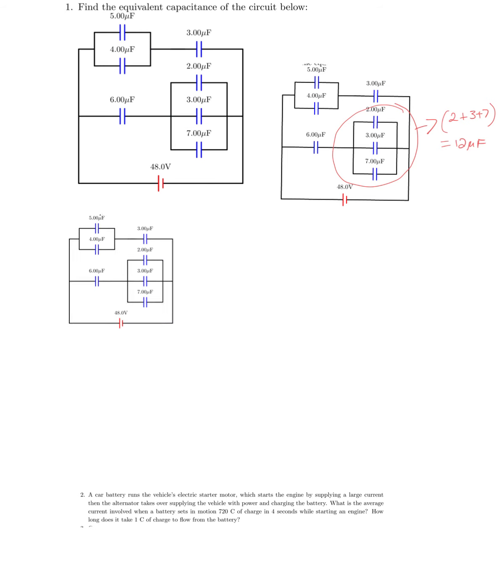So what we'll do is we'll number these. This will be 1. This will be 2.